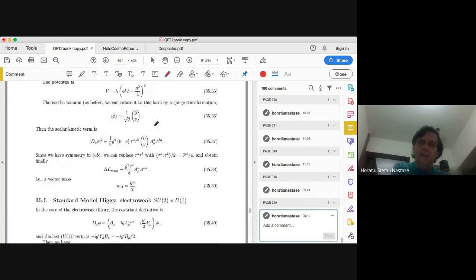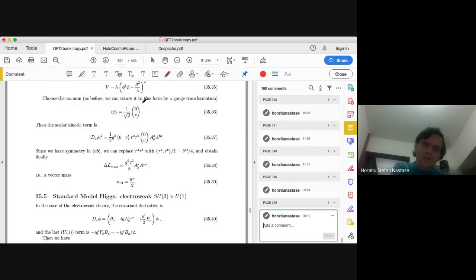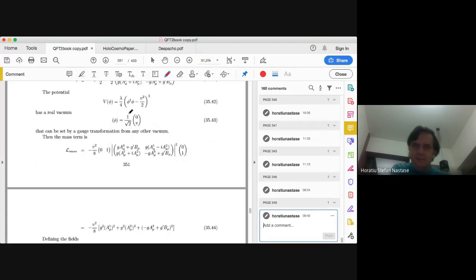By definition, in both cases, mu squared over 2 is v squared over 2.